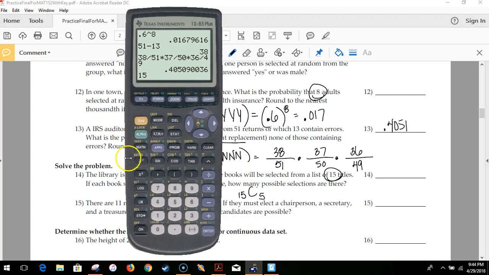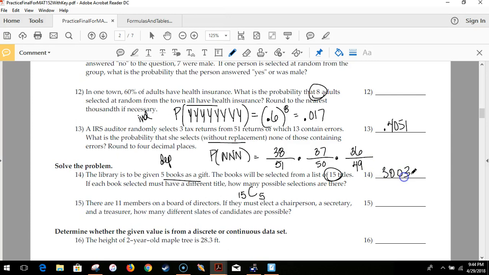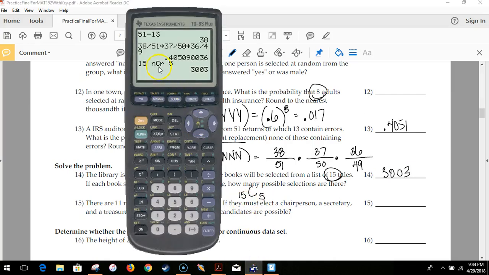So I have 15 math, probability, and then pick number 3. So you got 3,003 ways that you can choose the 5 books out of the 15 where the order doesn't matter. You don't care about the order.